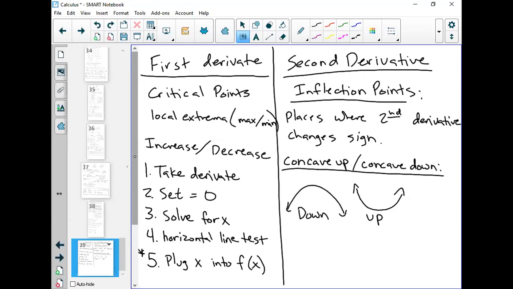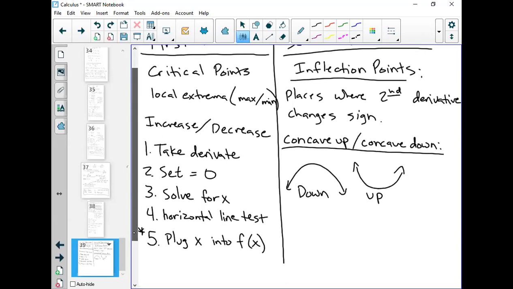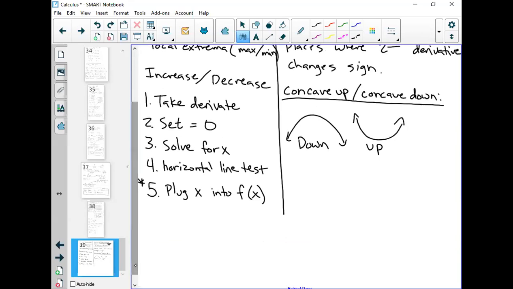That's it. So when you are trying to figure out where your inflection points are and your intervals where a function might be concave up or concave down, we're going to do a few steps. The steps might look familiar. First step, take the second derivative. The second step, set it equal to 0. The third step, solve for x.